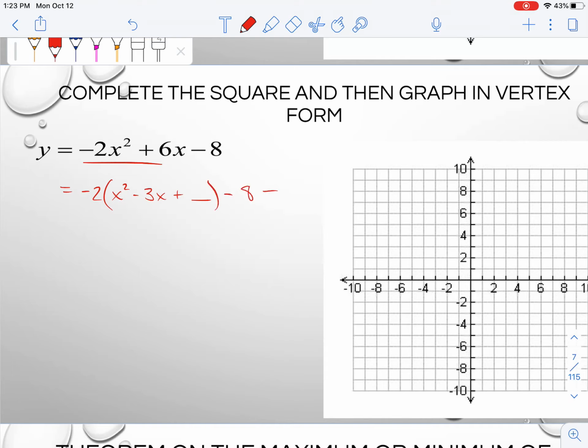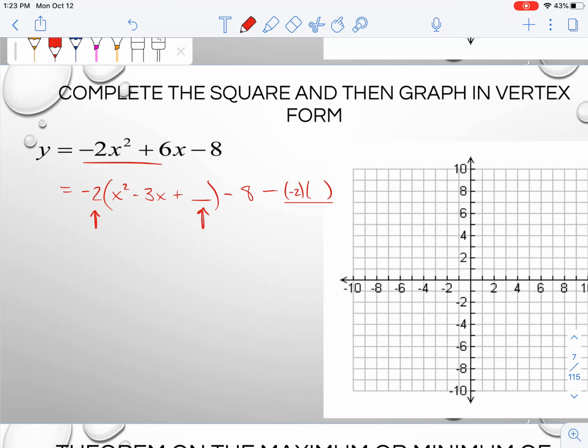And then I would have to subtract away this value that I'm adding. But remember, this value that I'm adding is also multiplied by -2. So when I subtract this away, I'm really going to have -2 times whatever that blank is. Okay, so I can do it this way, and it's not going to be incorrect. I would have to find 1/2 of -3, square it, and add it to both places here.